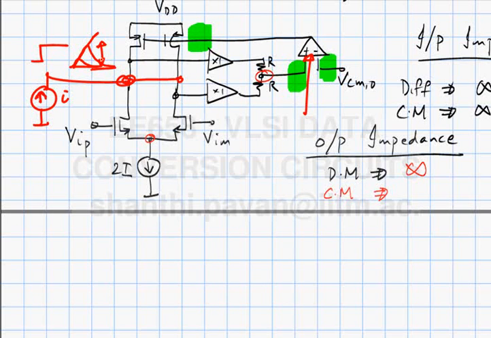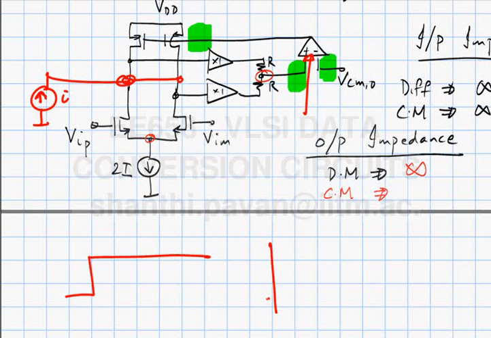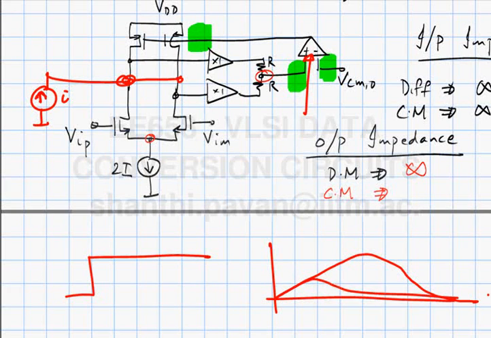If the op-amp is too slow, right? This is the step current you pushed in. If the op-amp is very slow, what happens? This will tend to do this, and then the op-amp realizes something is fishy and goes and does the right thing. On the other hand, if the op-amp is fast, it probably does something like this.